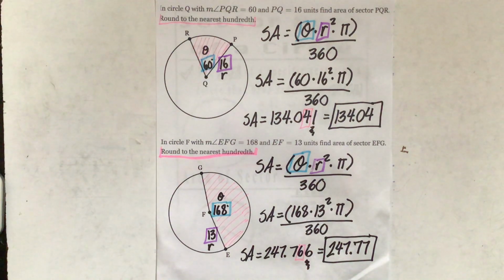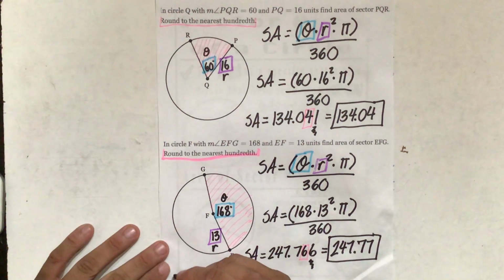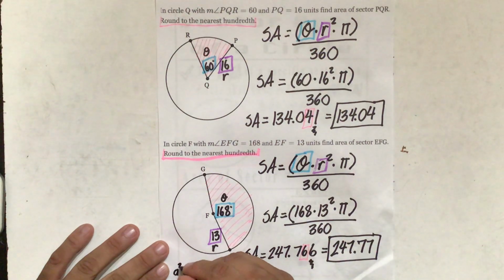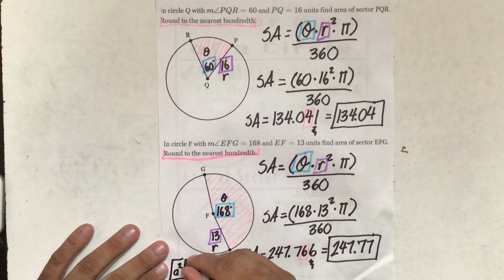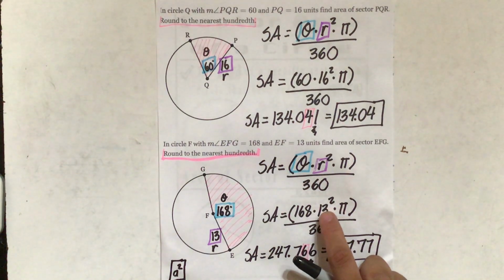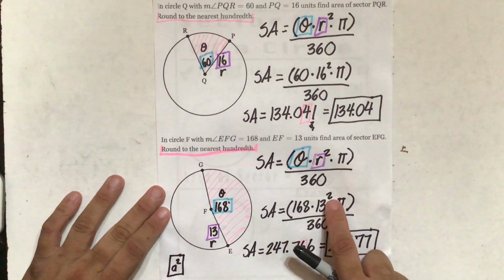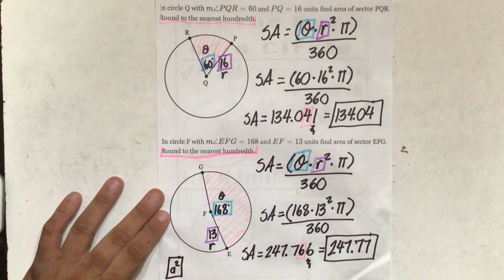If you have it on a separate calculator, like on mine, where it says x to the power of 2, or if you're using the Delta Math calculator, you're going to look for the little button that says a to the power of 2. That button right there. And that'll give you the square. So 13, press that button, and then you're going to get the little square, okay?